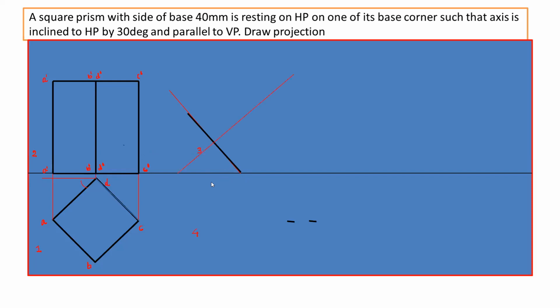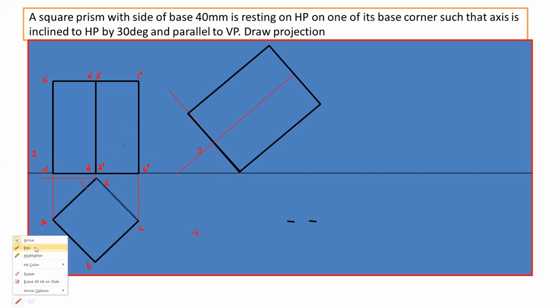You can draw the axis. So this axis will be exactly at the center of this line. So this angle will be 30 degree. So we have to take this angle 60 degree. This is 30 degree.